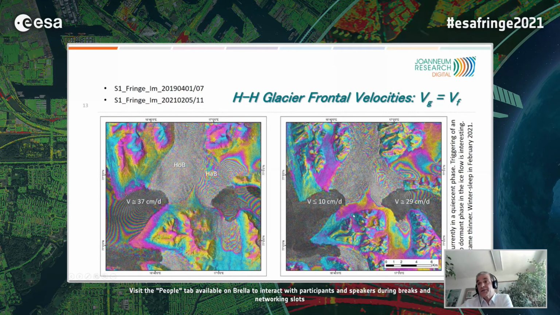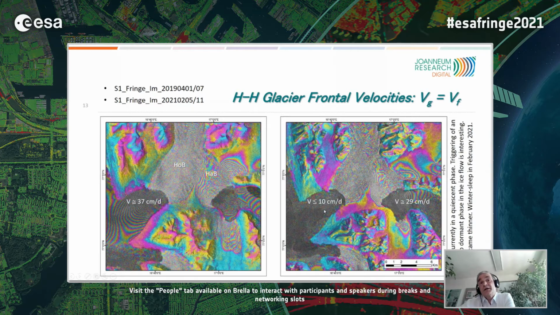And in the past years, the front glacier speed of Hambergbreen increased from 23 centimeters a day to 29 centimeters a day, while the front speed of Hornbreen Glacier here decreased from 37 centimeters a day to almost zero.